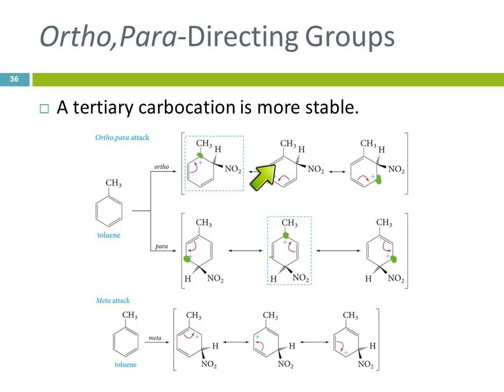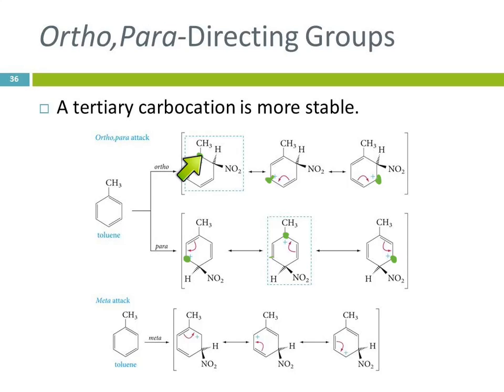This carbon would be a secondary carbocation because it's bonded to 2 carbons. And remember we said the more carbon atoms that carbocation is bonded to, the more friends it has to help it share its burden of the positive charge. So this tertiary carbocation is going to be more stable because this carbon has 1, 2, 3 carbons.